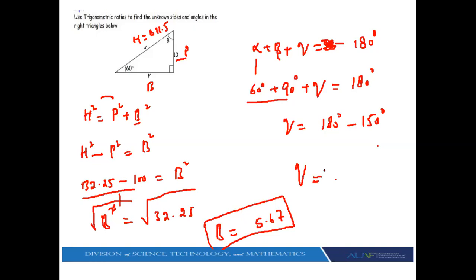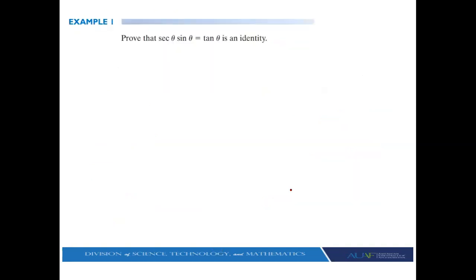So last angle, sorry, gamma is equal to what? 180 minus 150 equal to 30 degree. In this way you can find the missing angle. So now we have all three sides and all three angles. Clear? Okay.